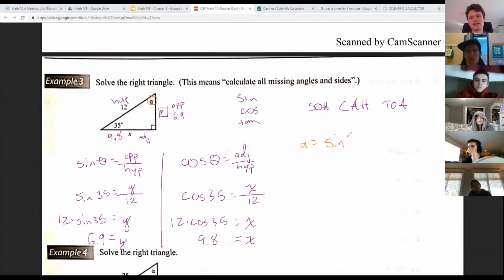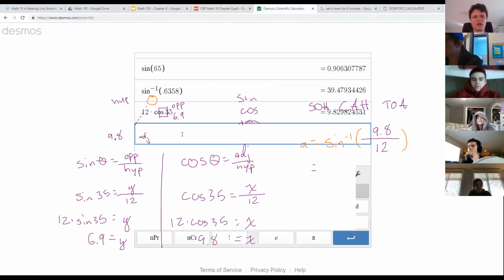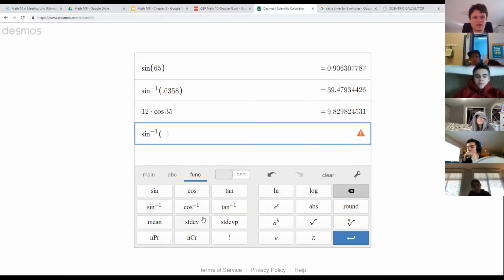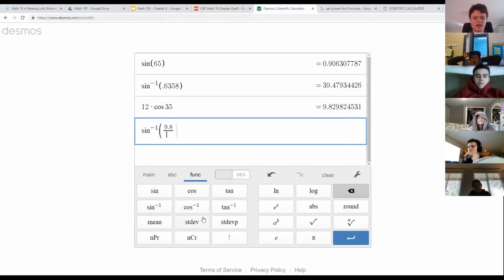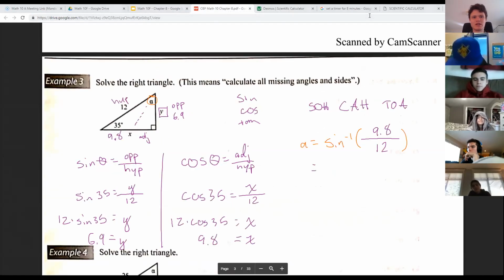So we're finding alpha, that's the inverse sine of our ratio, the opposite, which is approximately 9.8, over the hypotenuse, which is 12. That will tell us what the angle is. Inverse sine of 9.8 divided by 12. We get about 54.7, about 55 degrees. So our alpha here is about 55 degrees.